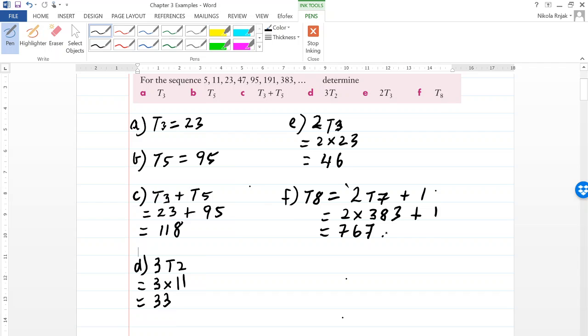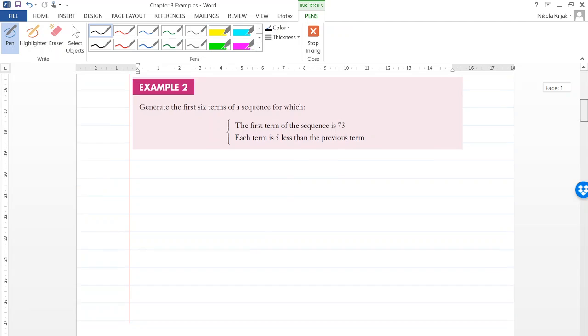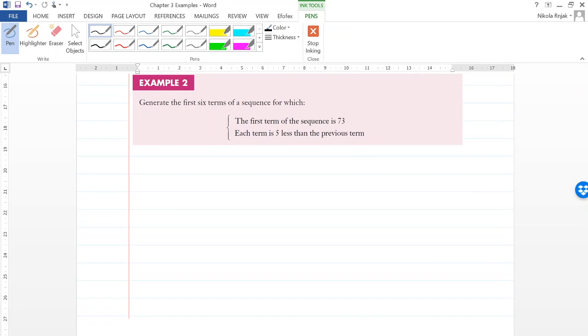All right, let's move on to example 2. Generate the first 6 terms of a sequence for which the first term of the sequence is 73. So we know that T1 is 73, and each term is 5 less than the previous term.